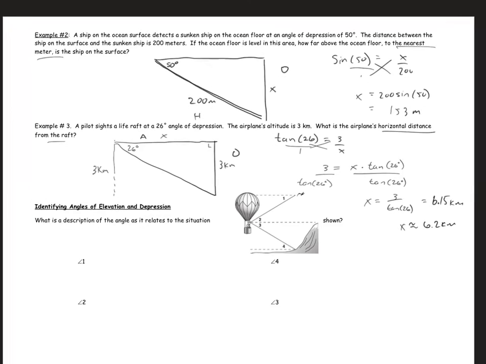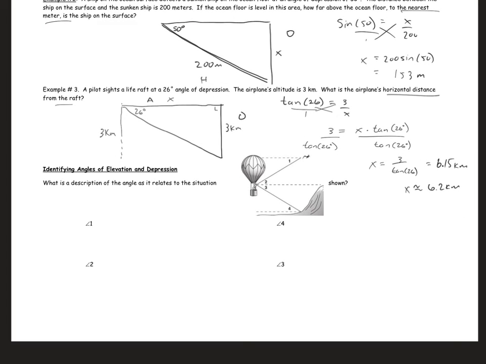Our last example is just saying, can you identify and discuss what the angle of elevation or the angle of depression is here? If I look at angle 1, this angle 1 right here is an angle of depression, from the gull to the hot air balloon.